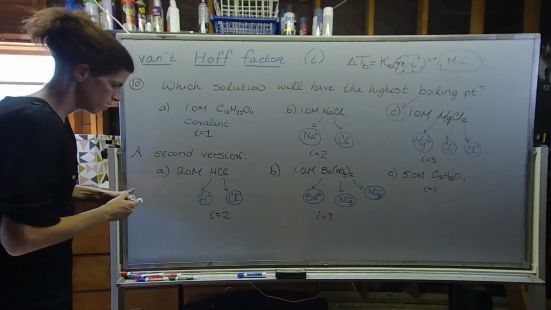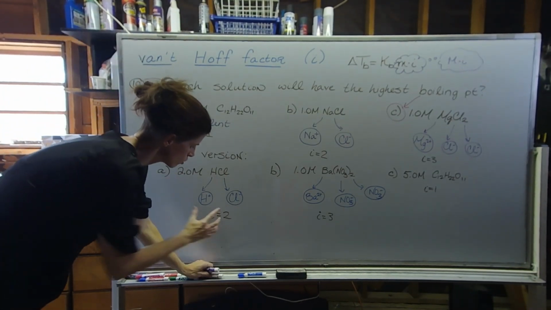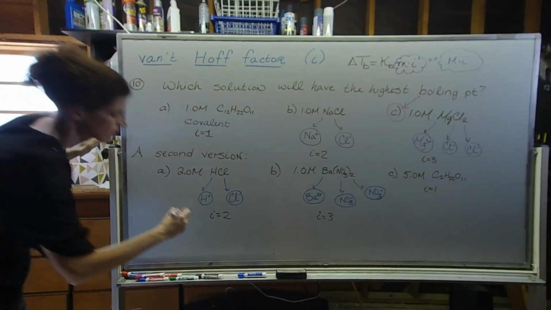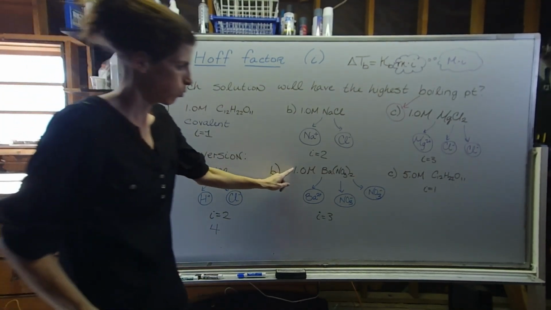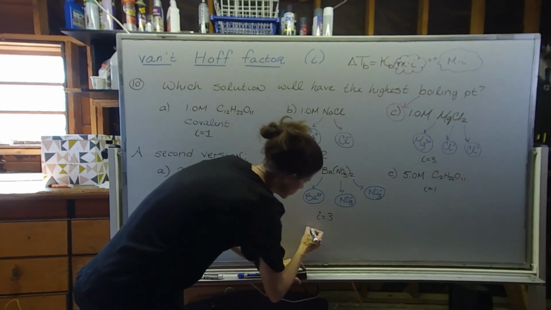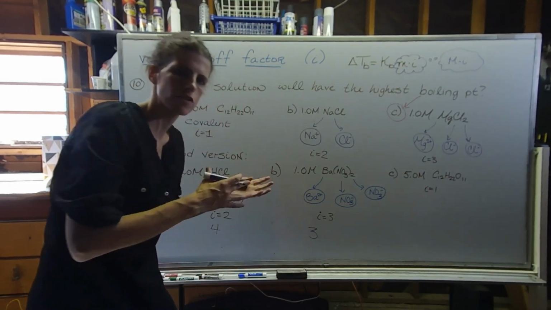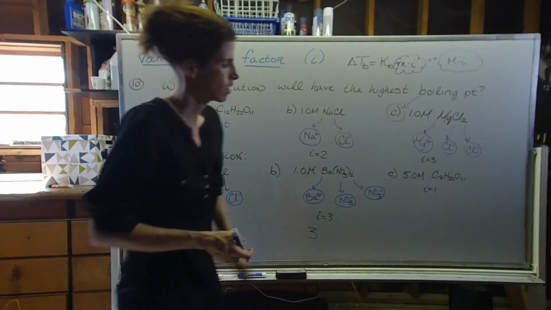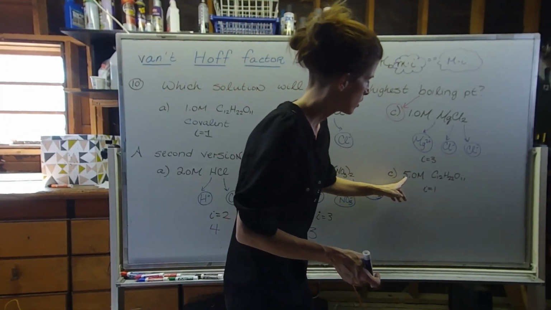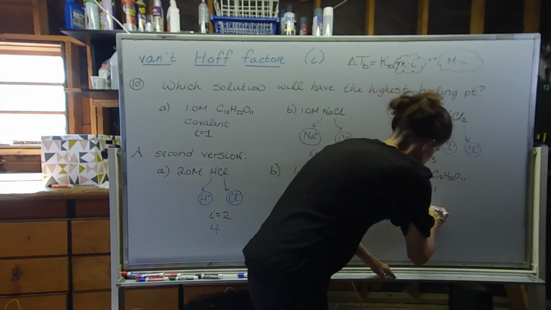So here I'm going to do 2 times 2. So my impact would be 4. Here it's 1 times 3. So the impact of concentration and van 't Hoff factor is 3 for the barium nitrate solution. And then for the sugar, it's 5 times 1.